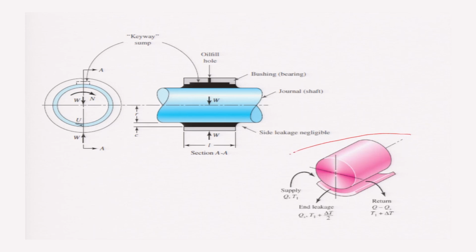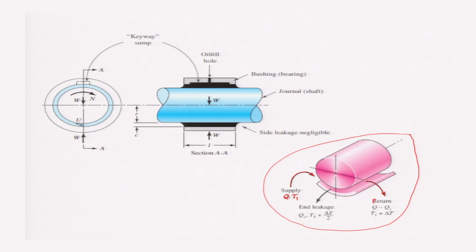This was the bearing we studied in our previous class, where the lubricant was supplied inside the clearance space at temperature T1 and with flow rate Q. The lubricant was coming out from the clearance space in two ways. The first was through this outlet along the circumferential direction.